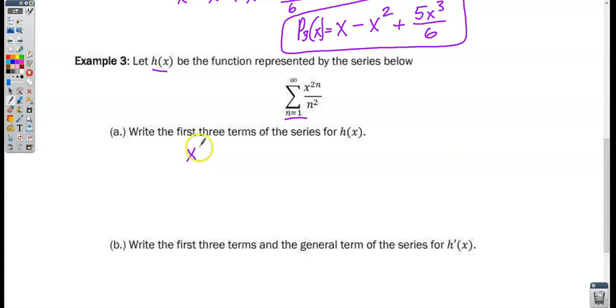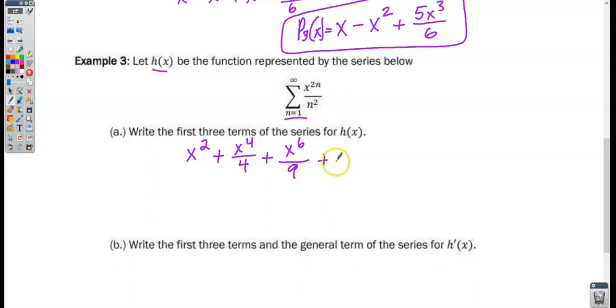So that's x squared over 1 squared. And then I'm going to put 2 in here. That's going to be x to the 4th over 4. And then my third term, I'm going to put 3 in here. That's going to be x to the 6th over 9. Those are the first three terms of the series for h of x.